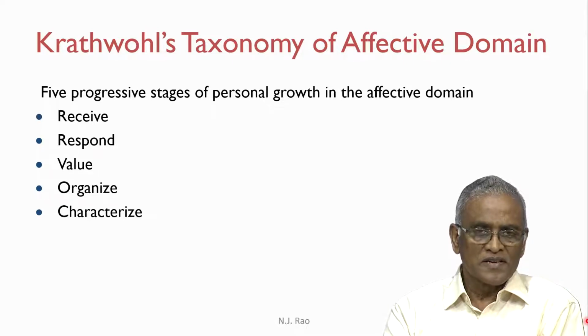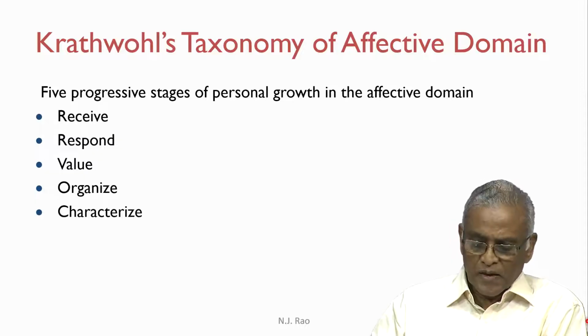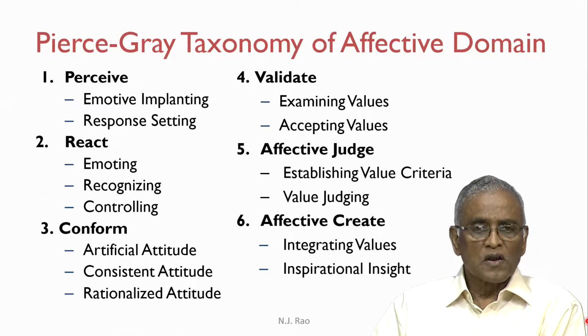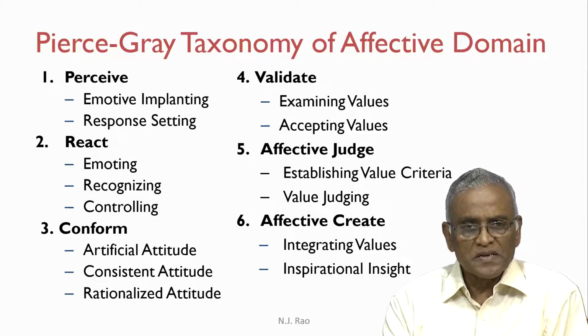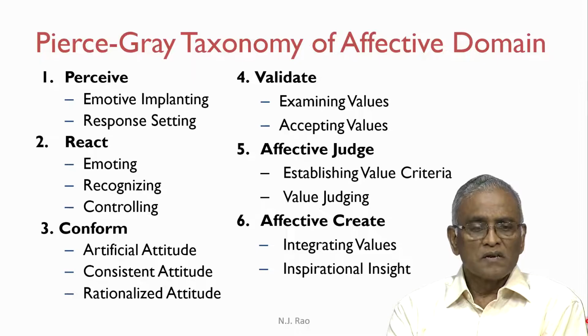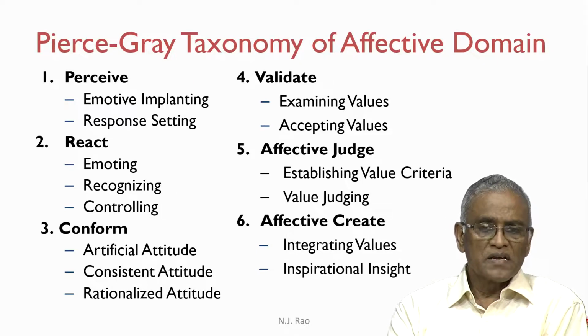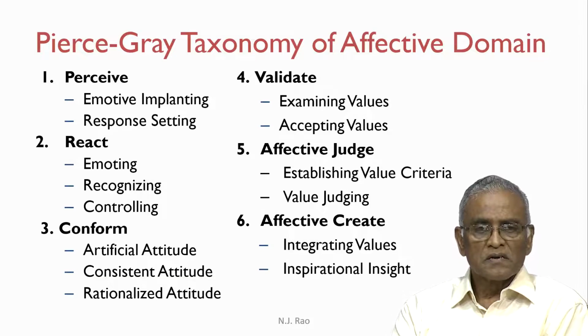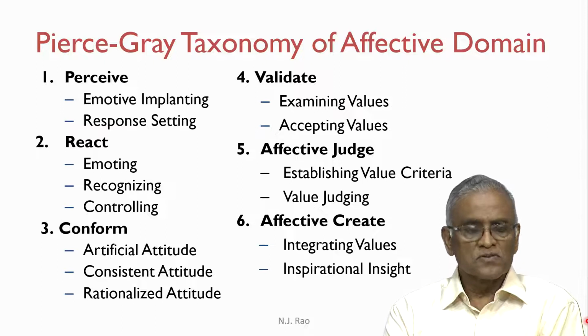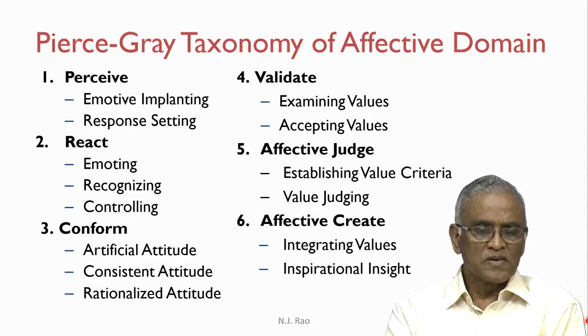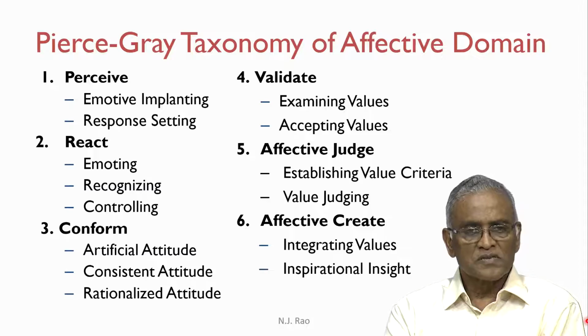Roughly this is the taxonomy of the affective domain, but a little more elaborate taxonomy was presented by Pierce and Gray, and these 6 stages are once again approximately the same as Krathwohl's taxonomy. Here the first stage is perceiving, and it is further subdivided into 2 sub processes: emotive implanting and response setting.